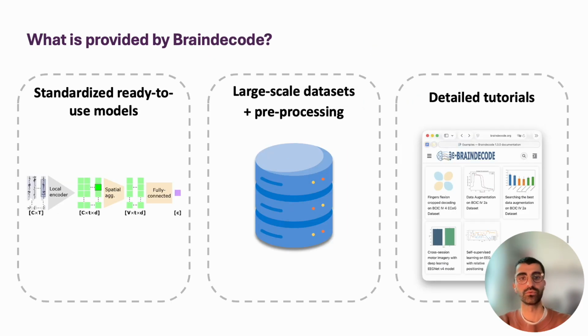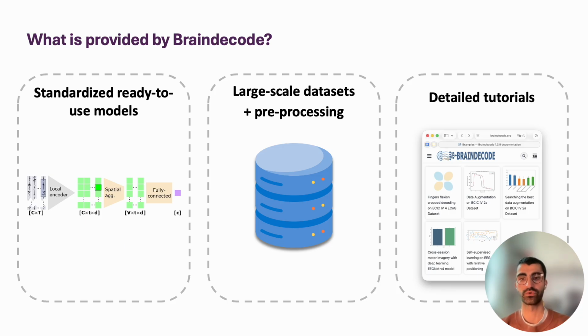Okay, but concretely, what can you find in BrainDecode? So we have three main resources we provide through BrainDecode. The first one is a large collection of models that are ready to use. Then we have a large collection of datasets and all the preprocessing functions you may want to apply on EEG data.